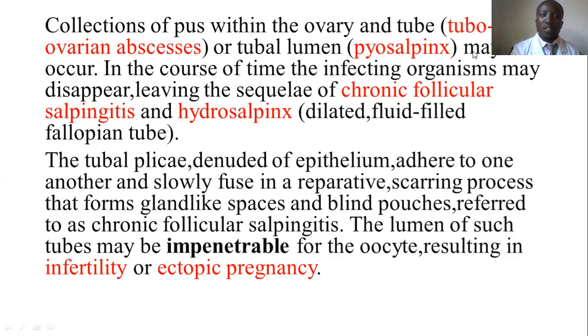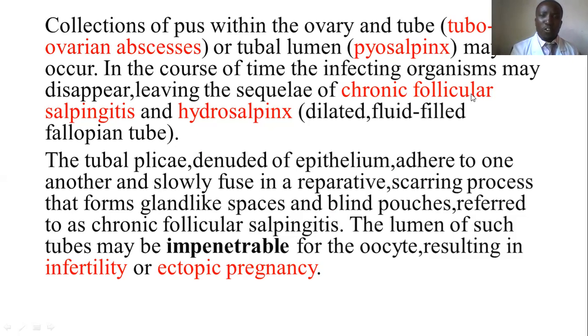So pyosalpinx may occur. In the course of time, the infecting organisms may disappear, leaving the sequelae of chronic follicular salpingitis and hydrosalpinx. Hydro refers to water, salpinx refers to the fallopian tube.